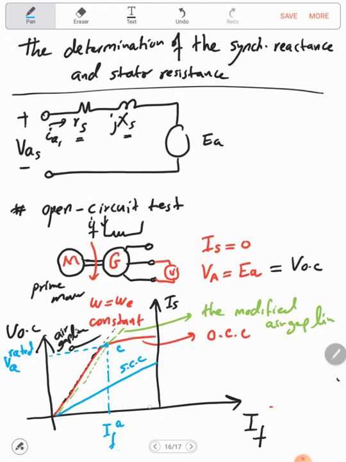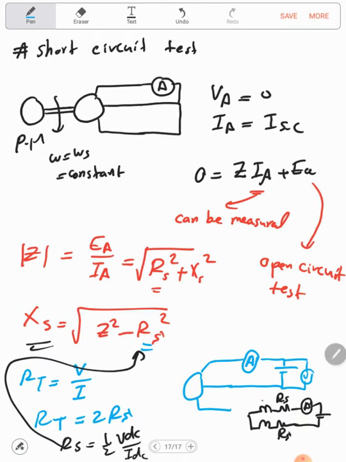Now at a certain point, let's assume at point E, we are getting here IA rated. Now we need to have the current IA at this value, IA at B, let's say.